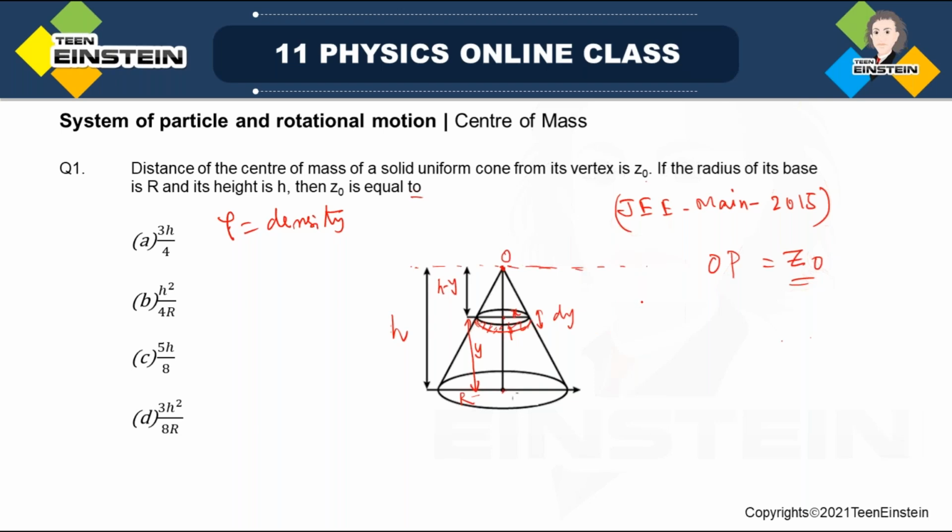Before we do that, let me apply the rules of similar triangles so that I can get a relation between x and capital R, and between y and h minus y.